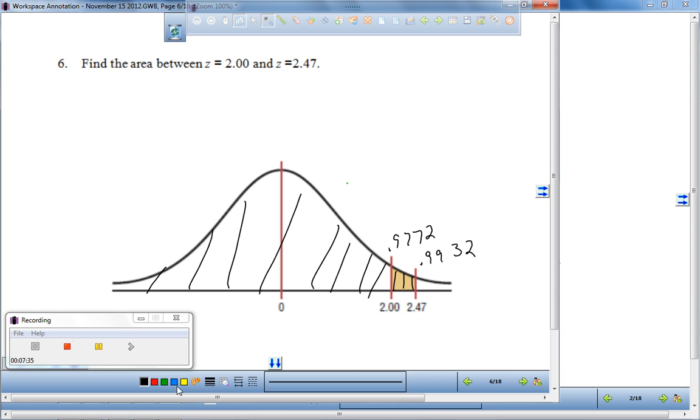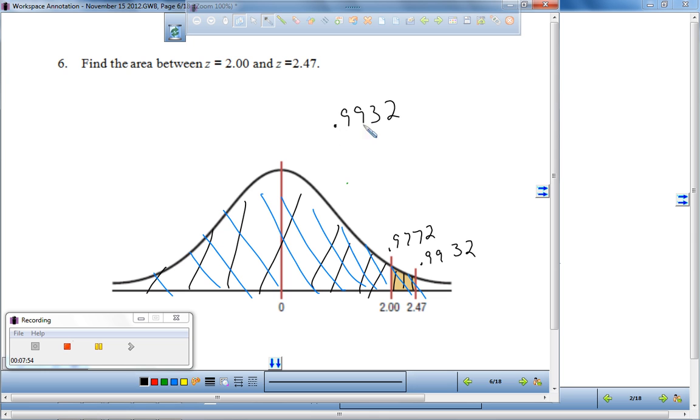And then if we look up the 2.47, I'm going to shade that in blue. It's giving us not only that area but this area as well. To take out this part, we're going to subtract the two numbers. And remember, we want to get a positive number because we're talking about area.